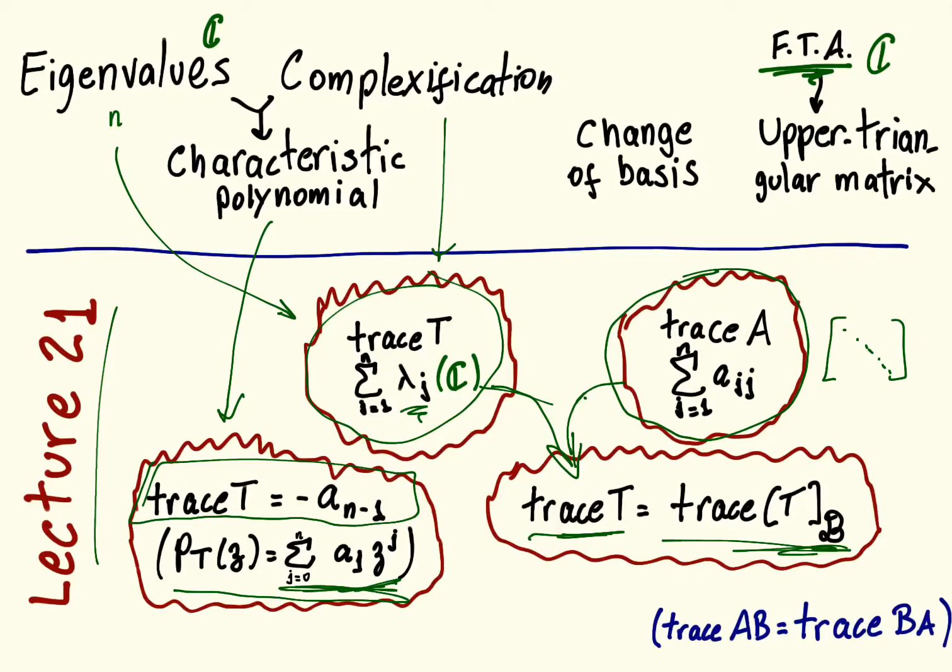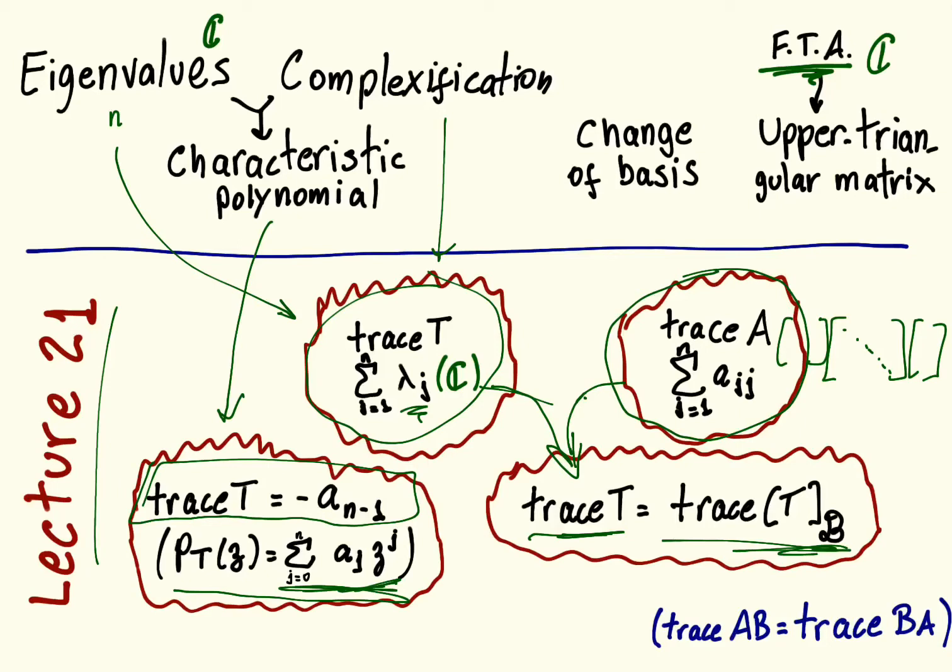And that's an amazing property that matrices have, that their trace does not change when we apply a matrix on the left and on the right that correspond to a change of basis.